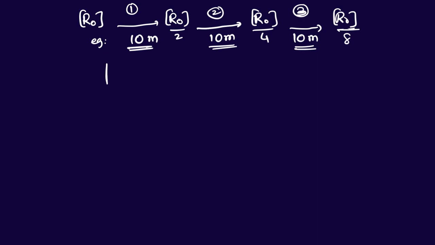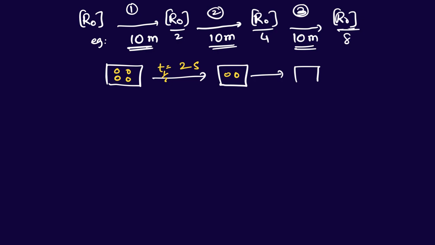That is simply represented as one box. In this, 1, 2, 3, 4, 4 reactant molecules are present. So this will be converted into 2 reactant molecules, meaning half converted. Then the time taken is T half, for example, 2 seconds. Then this will convert into half. In 2, half is how much? 1.